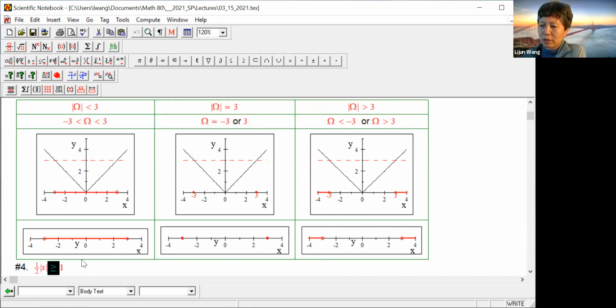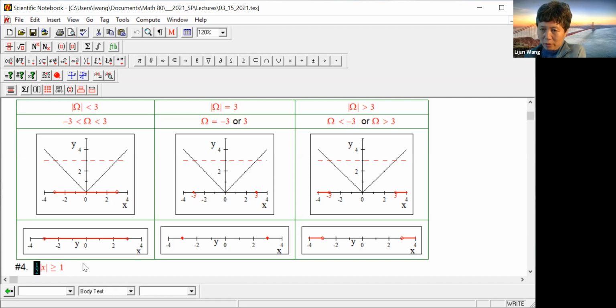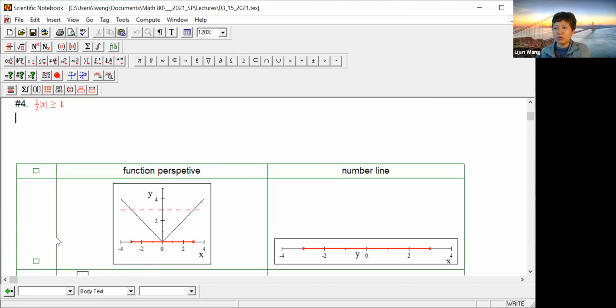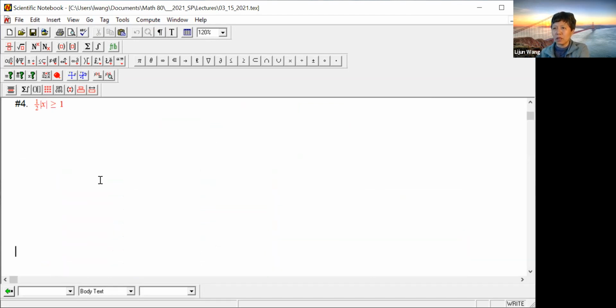Obviously, it's greater than or equal, so it's going to be this type. But outside the absolute value, there's a number. What can we do about it? If this is true, we can multiply both sides by 2, and it will still be true.